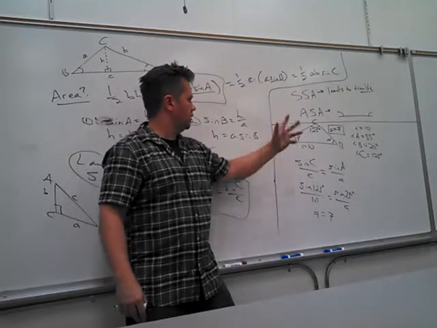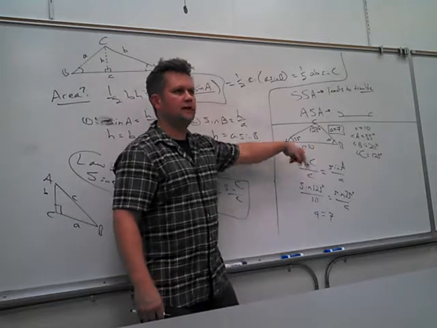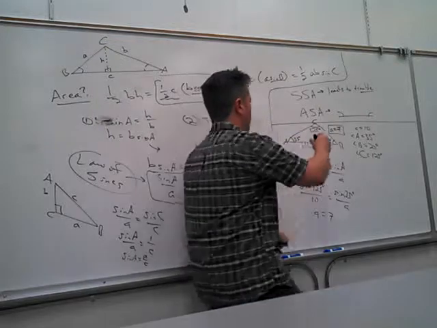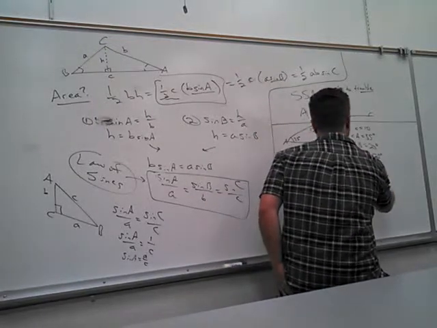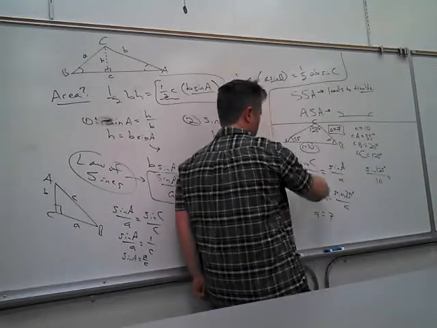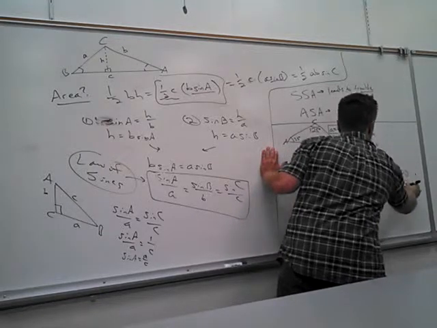So what else? What's the only thing I don't know left? Side B. So then I can do the exact same thing, but just using sine B over B. No big deal. Let's finish that out. So I know all this stuff here. That's sine 125 over 10. That's this guy. Sine of B, which is 20, over little b.